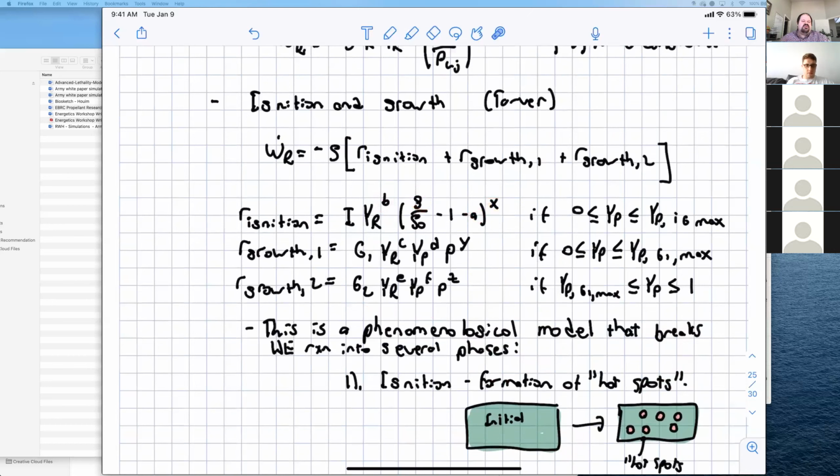If you want to use a different equation of state to model the same process for the same material, then you're going to have to retune these parameters. Okay, it's just the way it is.